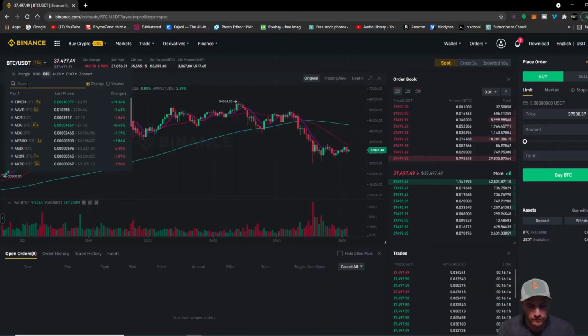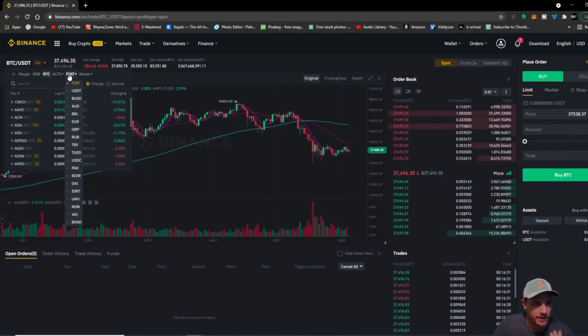So again, you're going to want to come up here to the top left hand corner to BTC USD. It'll usually start you off there. We're going to be looking for the fiat pairing of XLM.